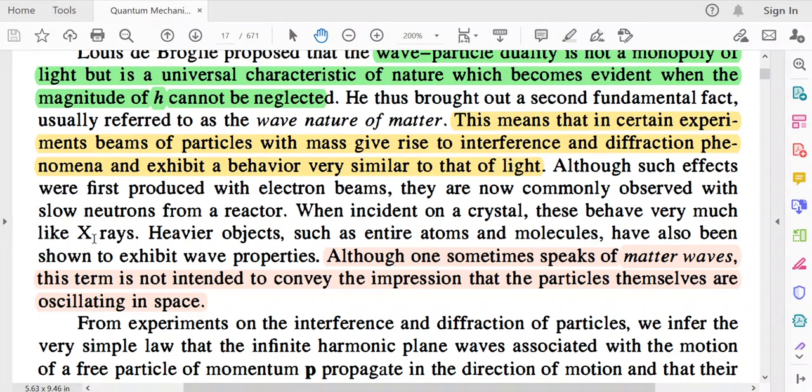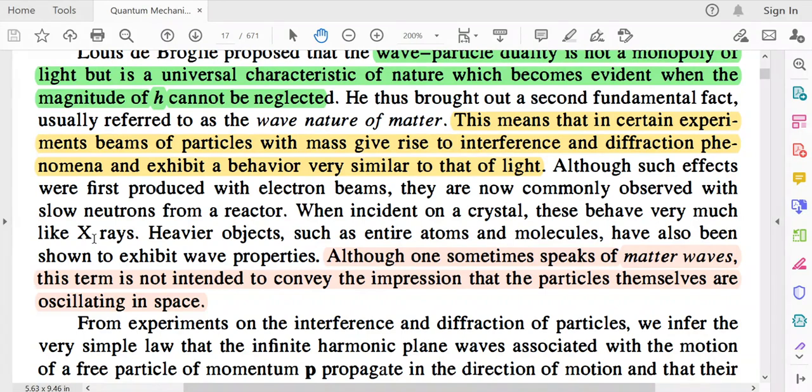X-ray is actually an electromagnetic wave. We know that a wave must show interference or diffraction phenomena. So it is quite common that X-rays exhibit the diffraction effect when incident on a crystal.